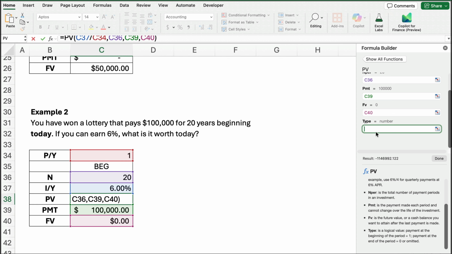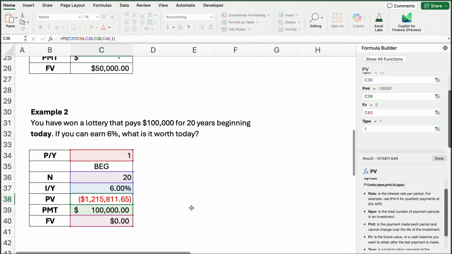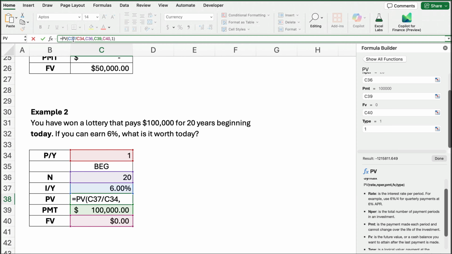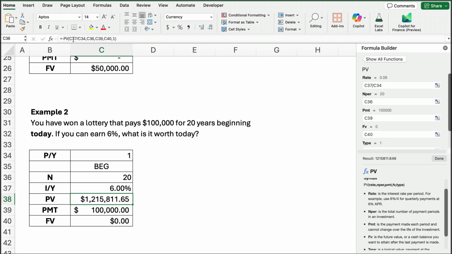The payment at the beginning of the period, so the beginning mode, is going to be 1 here. And so our answer is 1,215,000. And so I'm going to make the whole thing negative so I can force the answer to show as a positive number. But you know the calculator will put the beginning present value and the ending future value as different signs. So we just have to manage that. So the answer is 1,215,000.